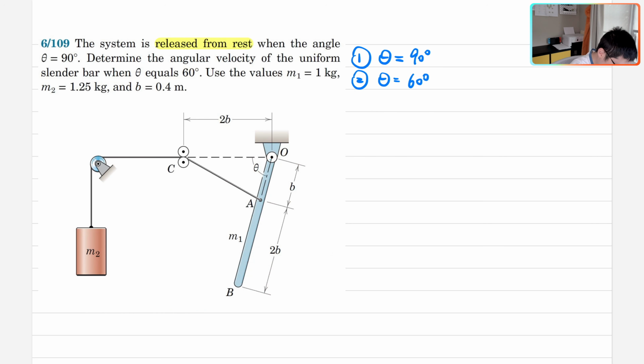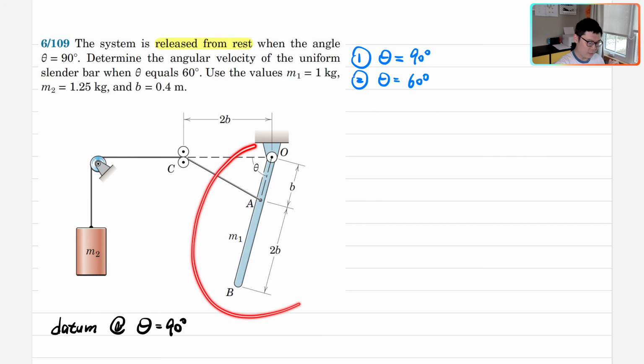Therefore, I would like to set up my datum when theta was 90 degrees. Okay, so this is what we start with. Also, at the same time, look at this fixed axis rotation for the uniform slender bar.